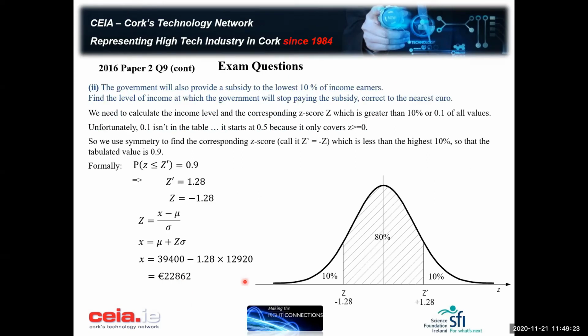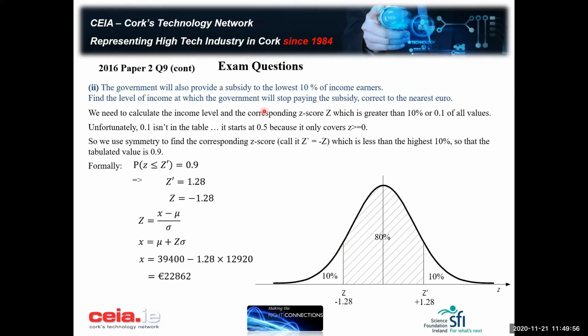Now, part 2, they want to give a subsidy for the lowest 10%. So you need to know what level that occurs at. So what is the salary number which is greater than the lowest 10%?